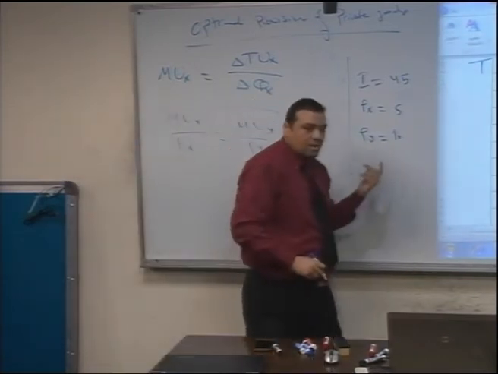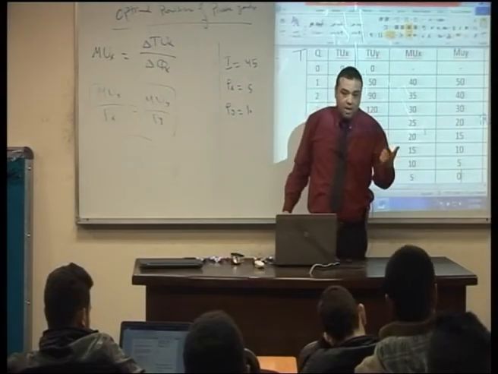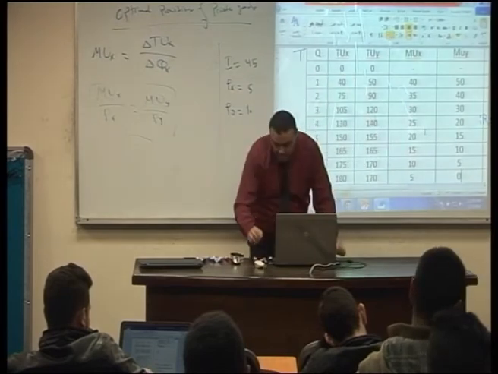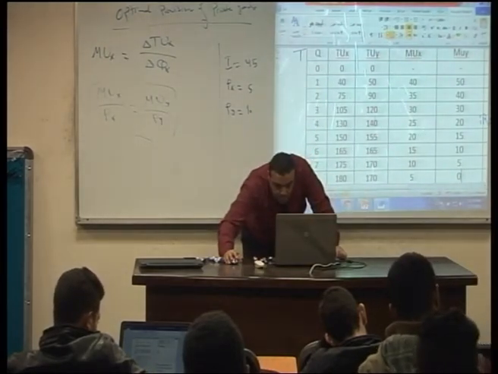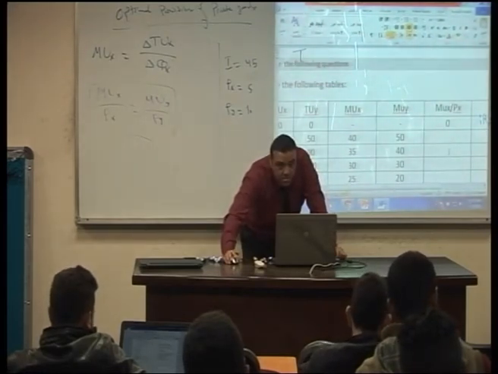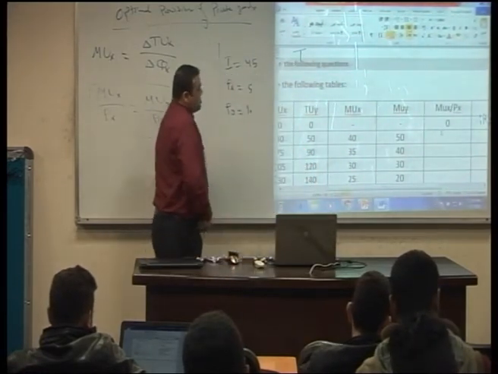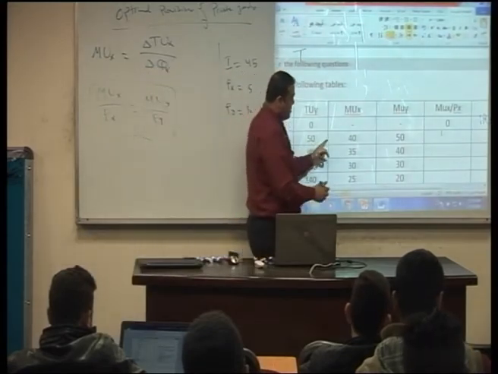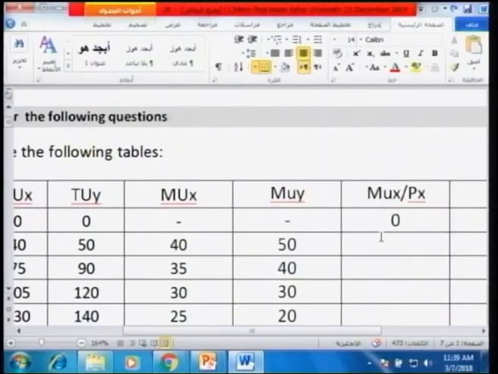So we have to calculate MUx over PX and the marginal utility of Y over PY. Here, MUx over PX. How much is MUx here? This is 0 here. 40 over 5, 8.